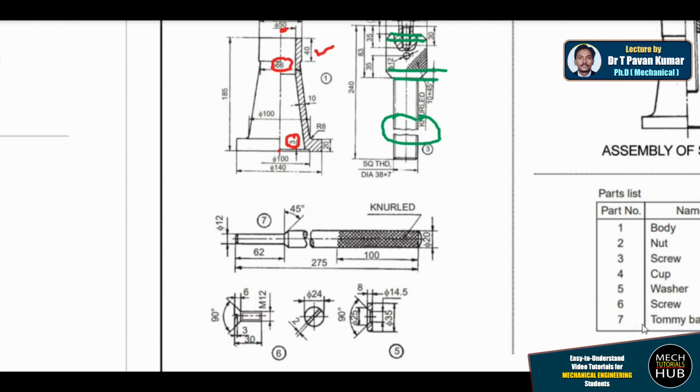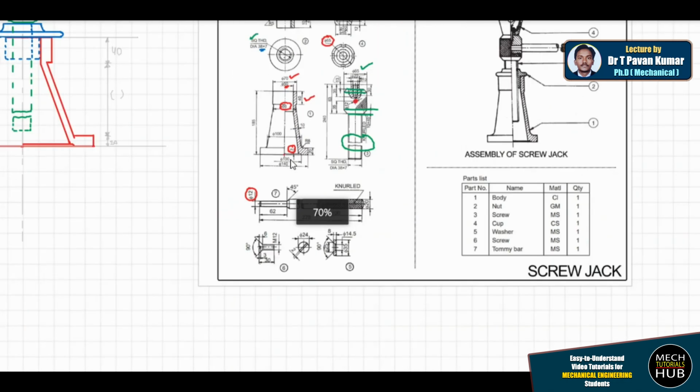This is how it is going to be, and the name is given. 6 is a screw, 7 is a Tommy bar. This Tommy bar, which has a diameter of 12, is going to be fixed in this particular 12 circular hole. Here the circular hole is shown normal to the observer.